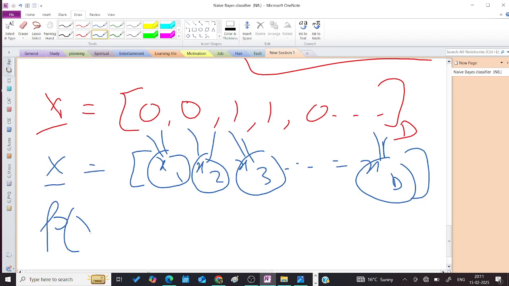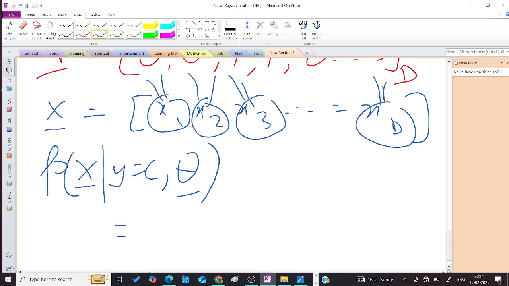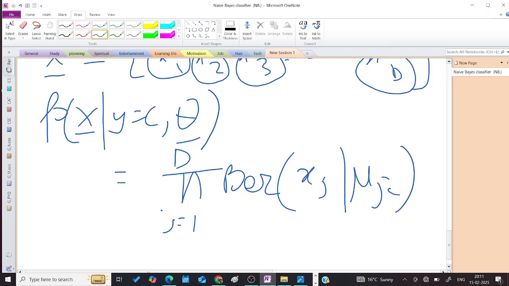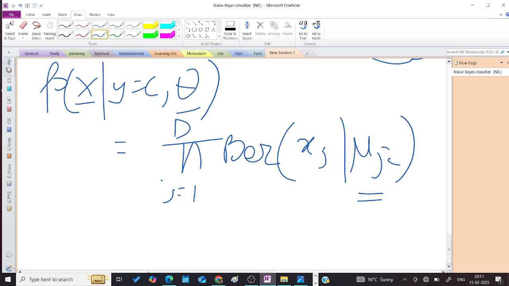So our p of y given x and the model parameter theta is nothing but the product over j equals 1 to D of Bernoulli of xj given mu jc, right? And what is mu jc? It is the probability that feature j occurs in class c.